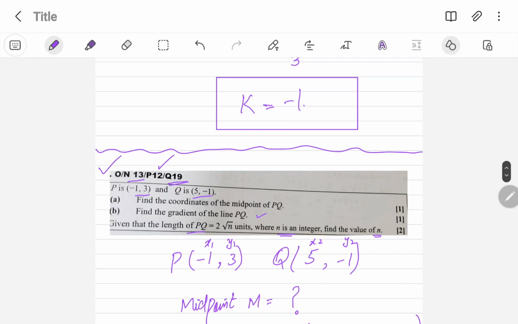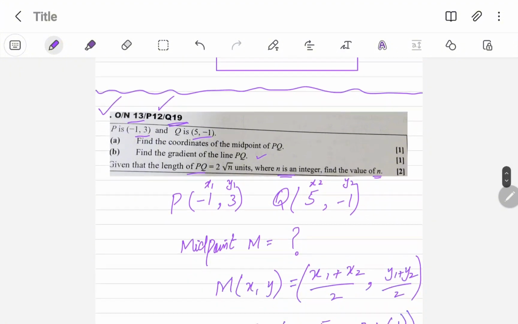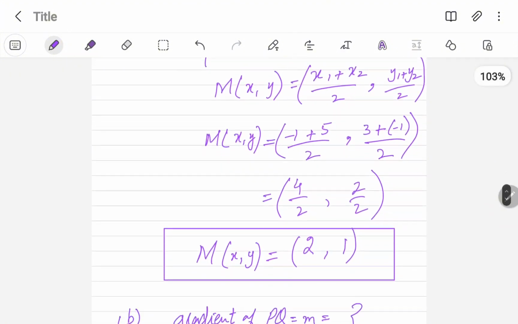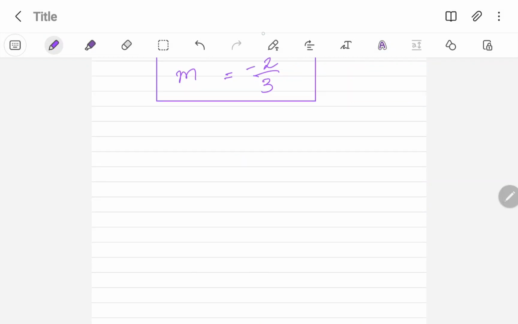Given that the length of PQ is 2 root n units, find the value of n.